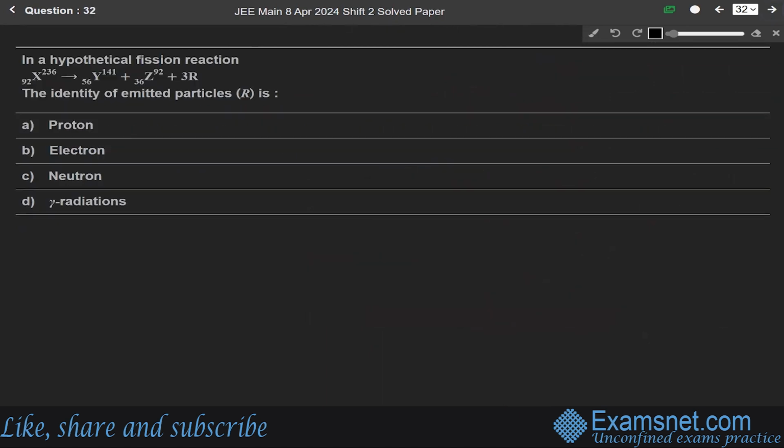Now next question 32. In a hypothetical fission reaction, 92X236 is converting into 56Y141 plus 36Z92 plus 3R. The identity of the emitted particles R is, okay, we have to identify what this R is. This question is from the chapter of atomic and nuclei physics.